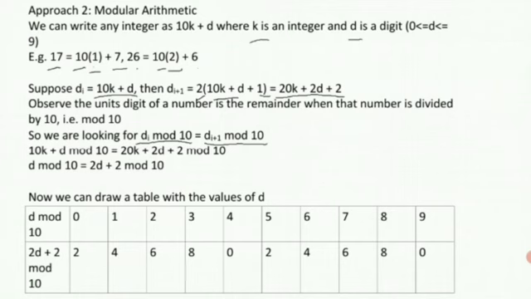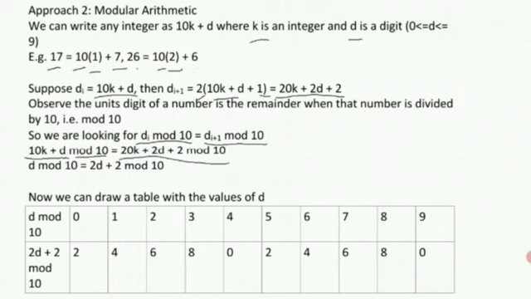Because in the question we're looking for, from the second term onwards, the units digit will always be the same going forward. Now let's substitute in our notation in k and d for d_i. So for example, we have 10k plus d, which is d_i, mod 10, equal to 20k plus 2d plus 2 mod 10.